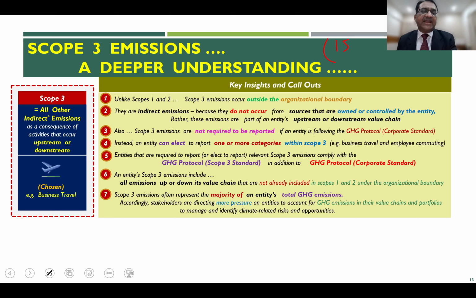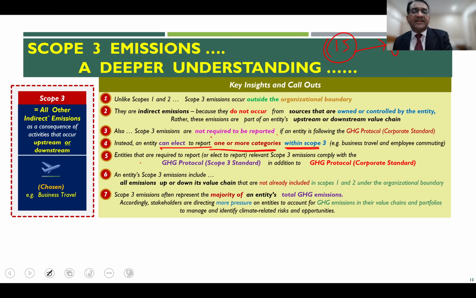So out of the 15 categories, let us say the 6th category, which was business travel, the entity may report only that one, because that could be the only thing applicable for that entity. And therefore, a reporting entity can elect to report one or more of the 15 categories identified under the protocol within scope 3 reporting.